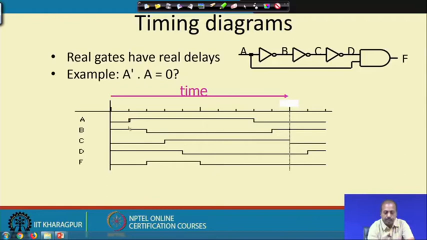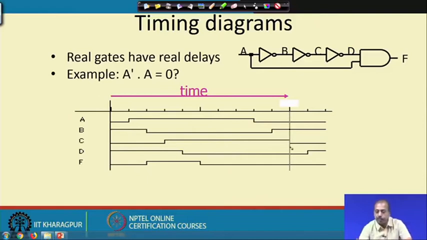After that time B will go low. Similarly, at this point A changes, so after the inverter delay B will be high. Then the C output is a delayed, inverted version of B, so it shows a similar thing. D is again another delayed version like this.